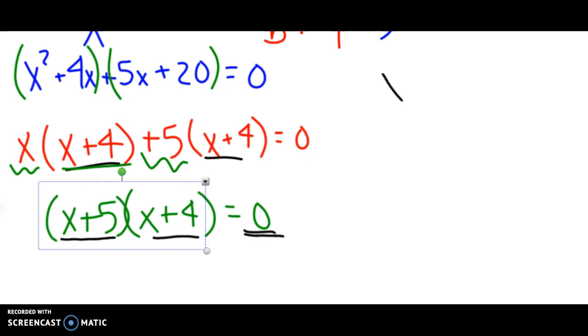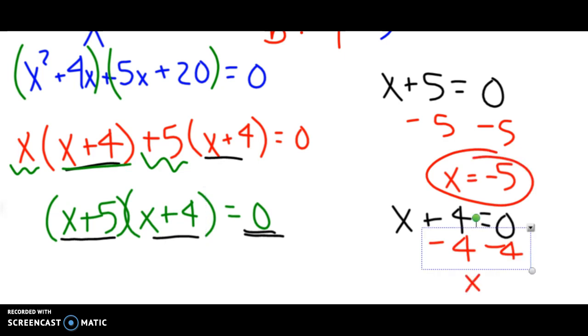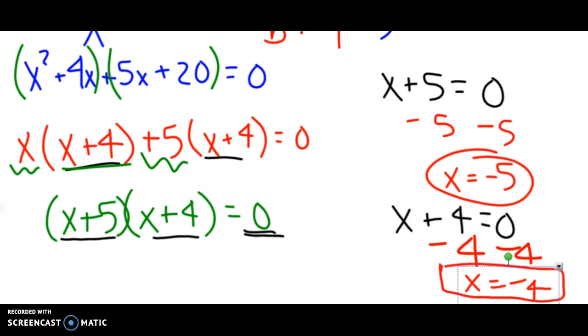So we write them both, and we solve for x in both cases. And so x could be negative 5, or x could be negative 4. So this one actually has two solutions, and that would be negative 5 and negative 4.